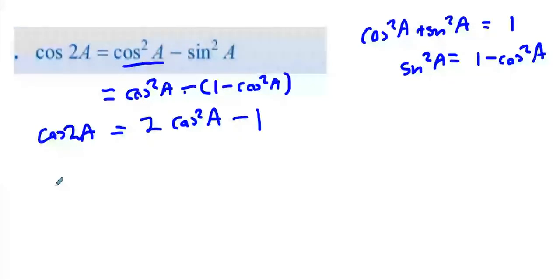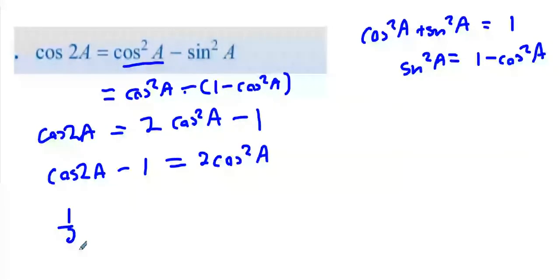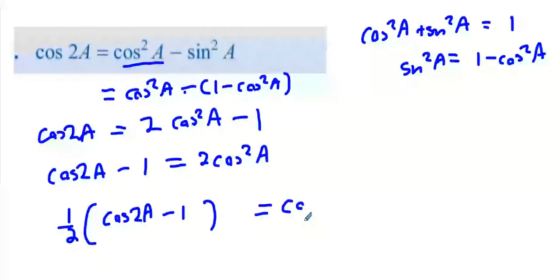Next we can transfer it over, so cos 2a plus 1 is actually the same thing as 2 cos squared a. Then halve it, so it's going to be a half cos 2a plus a half equals cos squared a.